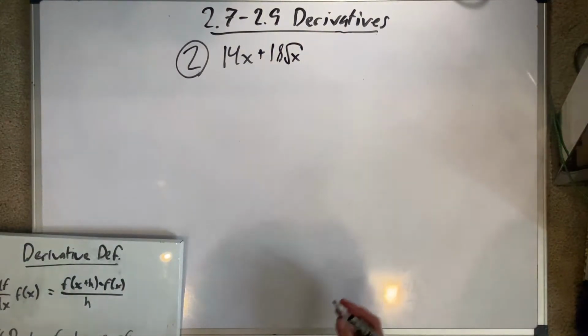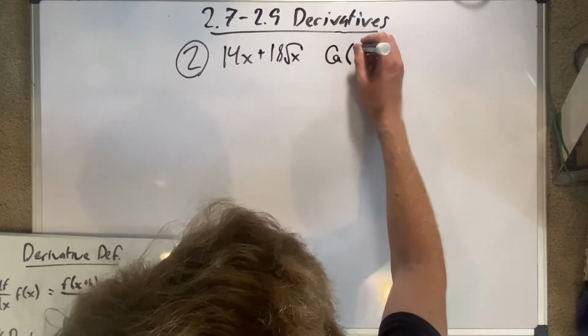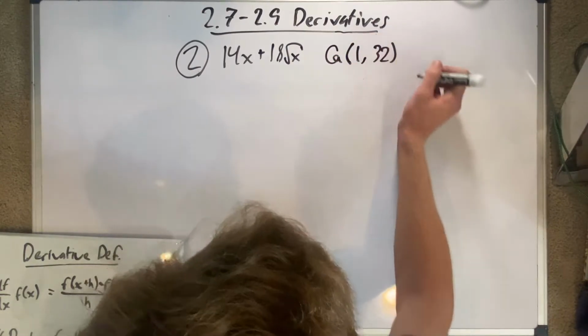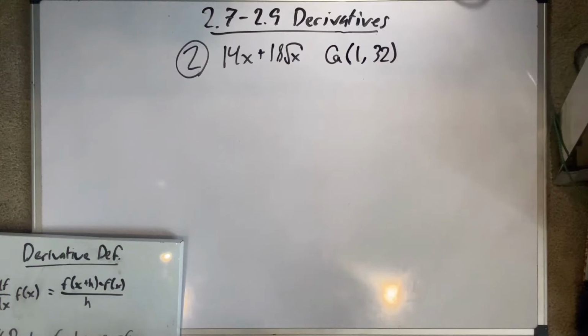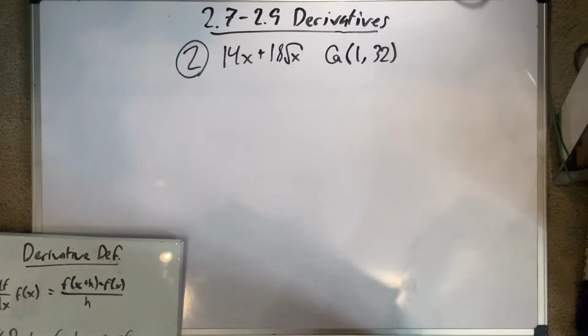And we want to find the derivative at 1, 32. Now, that just means we don't have to plug in 1 to find that there. We just know that it's equal to 32. It's not going to trick you like that. It's literally just giving you the thing.